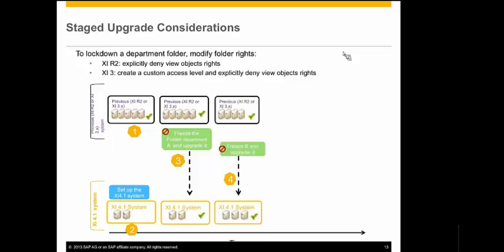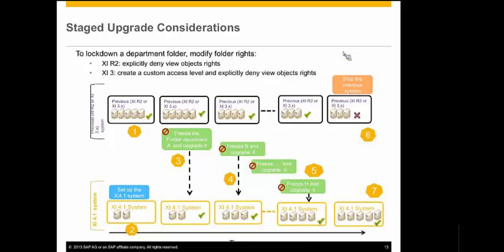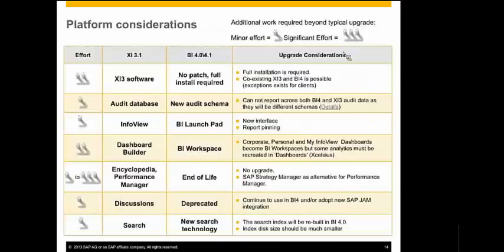For a staged upgrade, the process is slightly more complex. You're not going to shut down anything, and you only lock down one folder by simply denying access. That can be explicitly denied, or by taking out some rights in your security model. You upgrade it, you validate it, and you release this particular project or folder to the end users to start using BI 4.1.